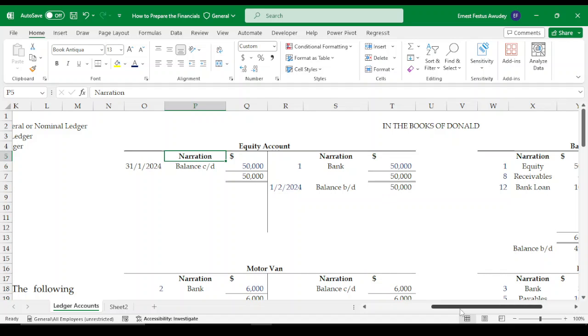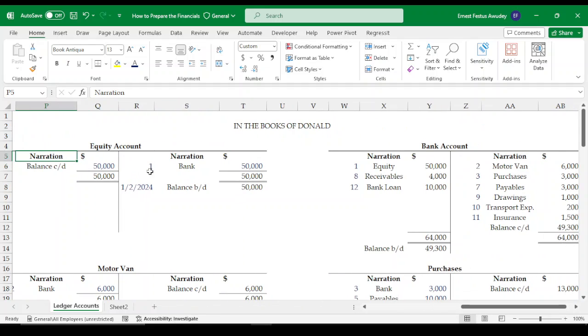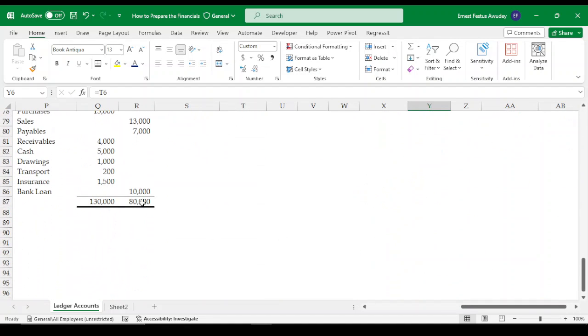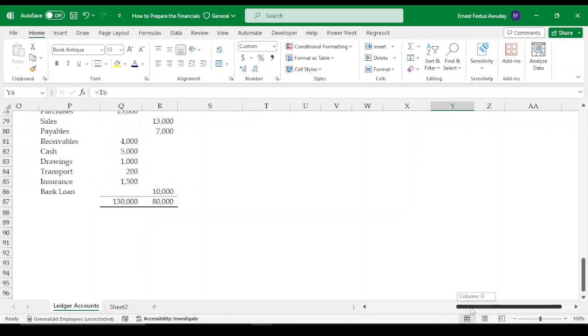So that in case the amount I have input in my equity, the amount introduced into the business, changes to say 100,000, I will rather change the one illustrated in blue, so that it will change the referenced one and ultimately change the figure within my trial balance.